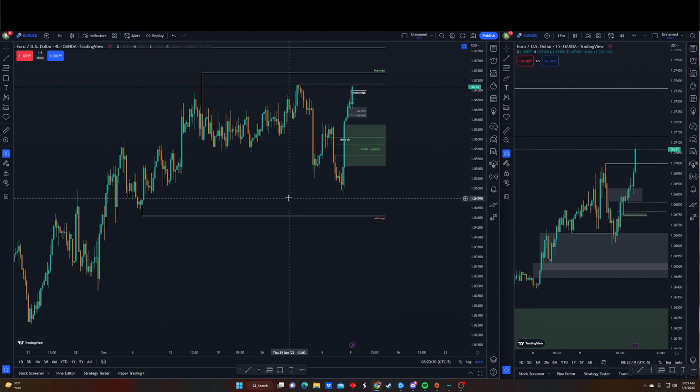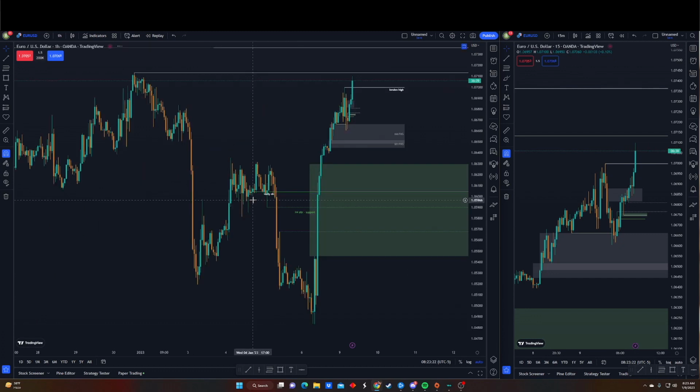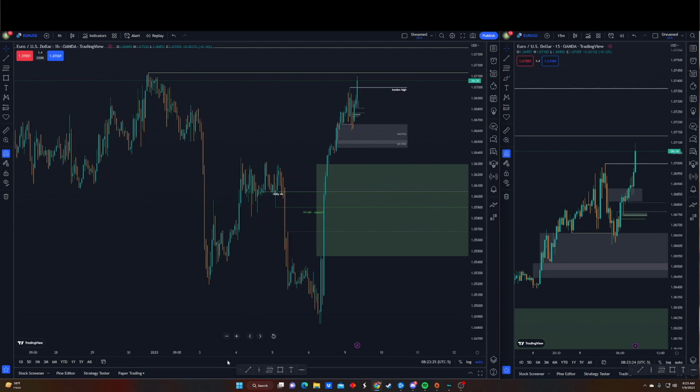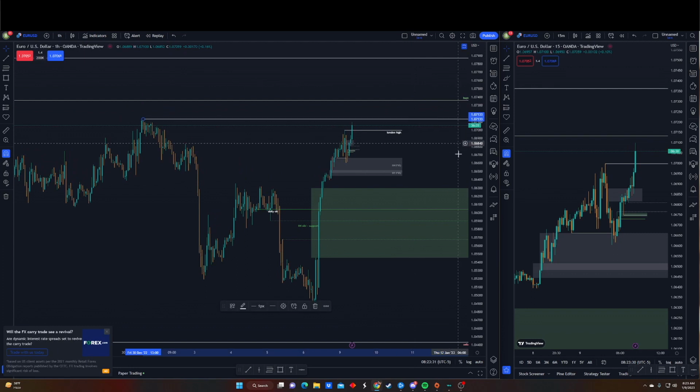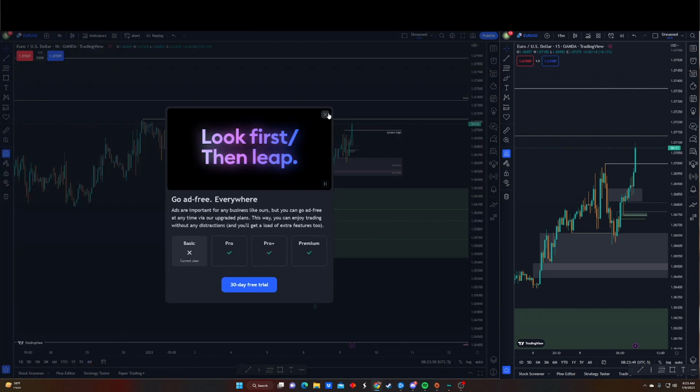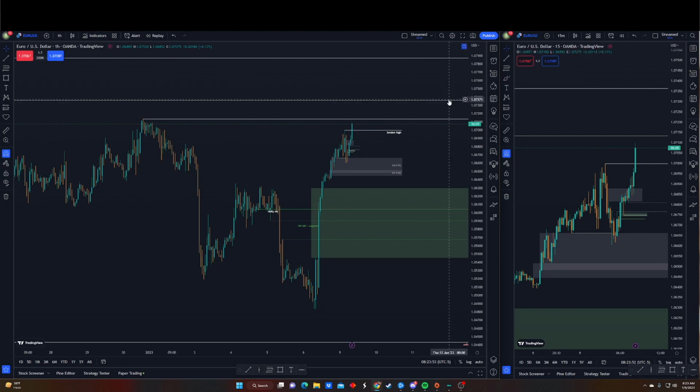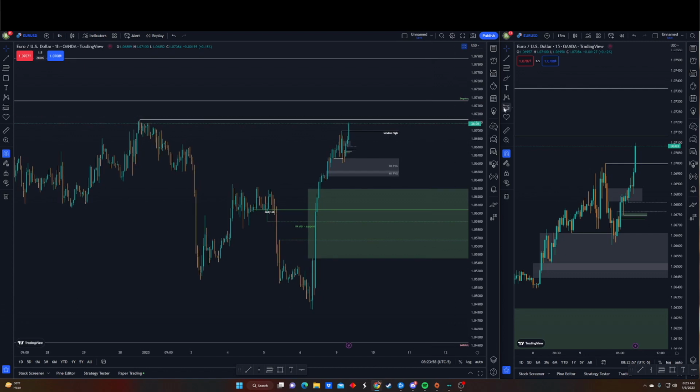The other thing that could happen just as easily too, and these are just scenarios, this is not a trade idea, we could sweep this short-term high, retrace back into the range, and then tomorrow attack 107.4, or 107.362 is technically, at least on this broker's data feed, Oanda, the high. I'm not sure what it is for everybody else, but I'm looking at 107.4 because it's a good whole figure number.